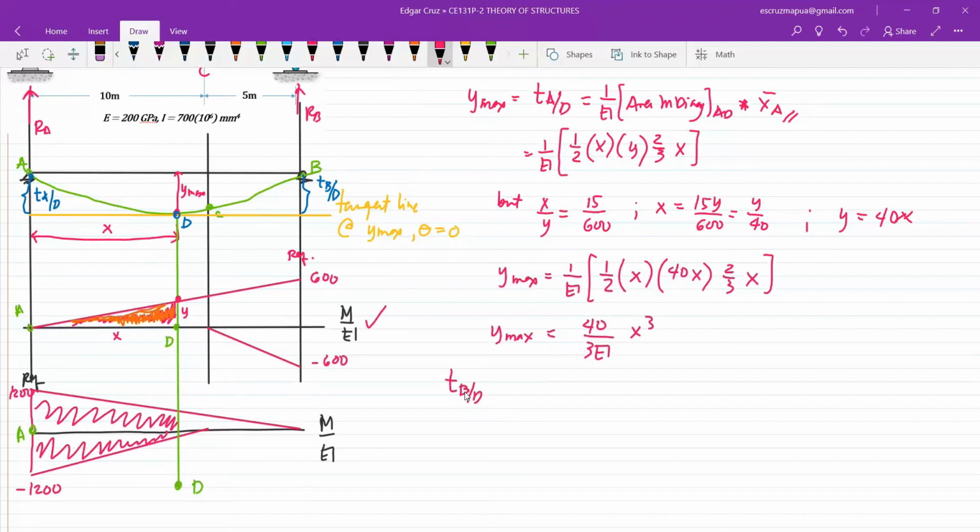TBD, or the deviation of point B with respect to D. Okay. So this is also equal to Y max kasi. Okay, so that is 1/EI of the area of the moment diagram between B and D naman. Tapos taken centroid distance about the first letter, about B.